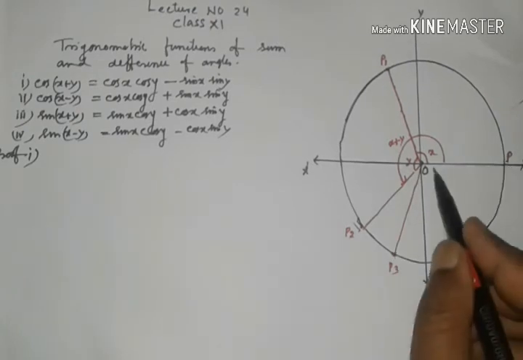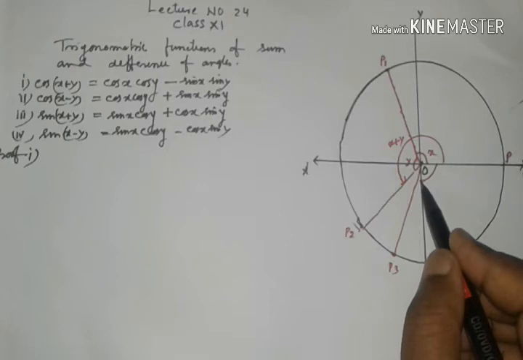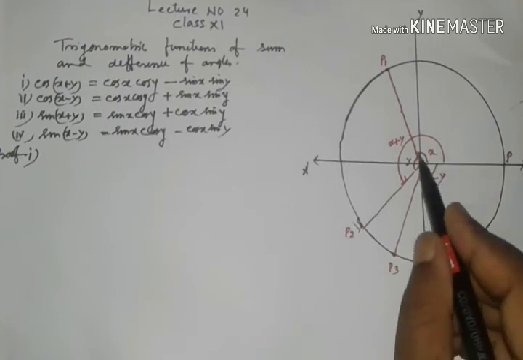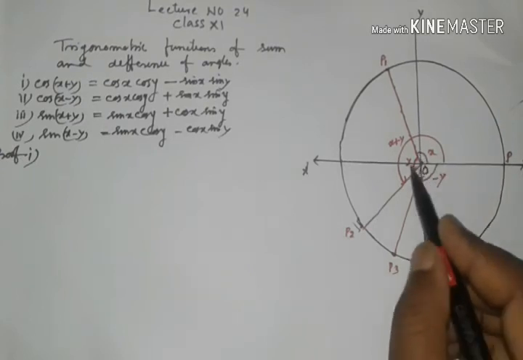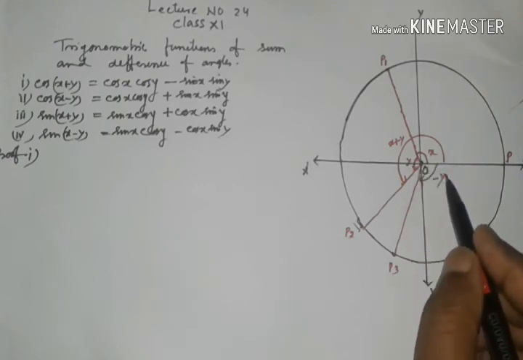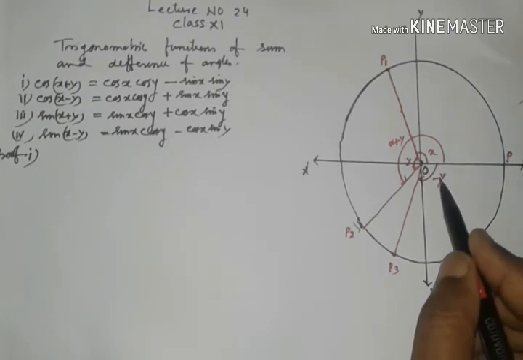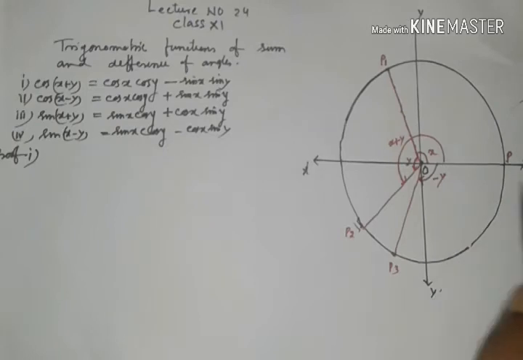We take another angle POP3, which is minus y. We take the same angle y here, but it is in the clockwise direction, so the magnitude is the same but the direction is reversed, therefore it is minus y.